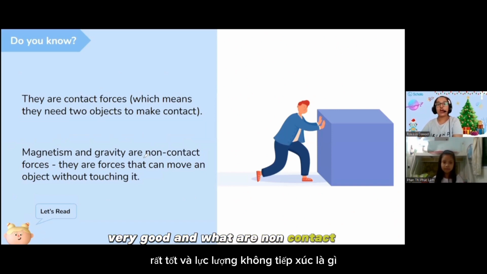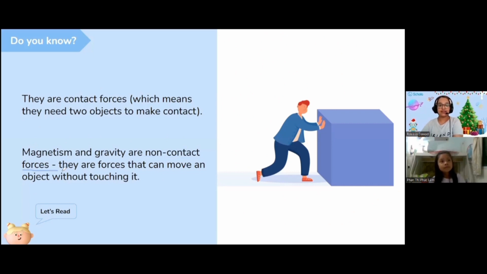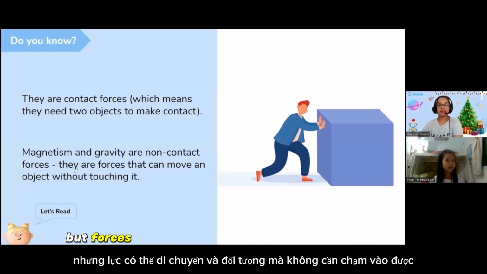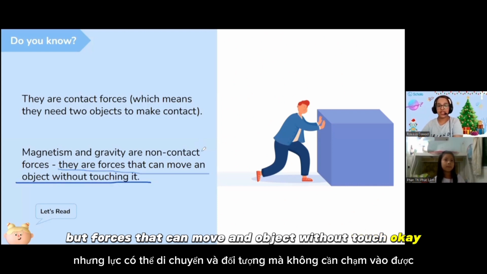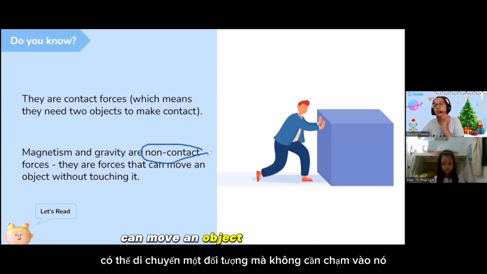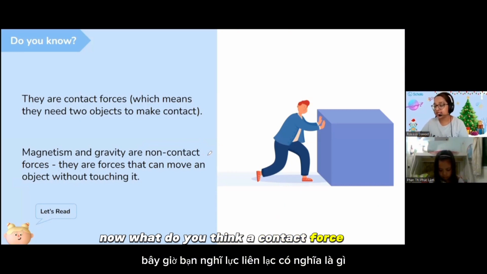And what are non-contact forces? Can you read this part for me? Magnetism and gravity are non-contact forces. They're forces that can move an object without touching. So non-contact forces can move an object without touching it.